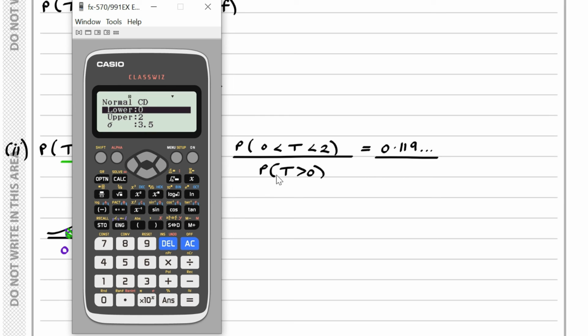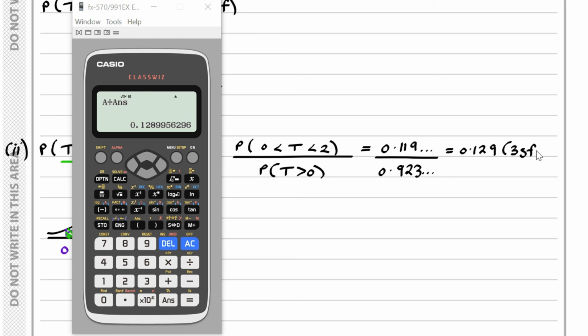And then for the bit at the bottom where t is greater than 0, lower limit is 0, upper limit is something really big, something like 1,000,000. So here we get 0.923, etc. So we get A divided by this, which is 0.129, again to 3 significant figures.